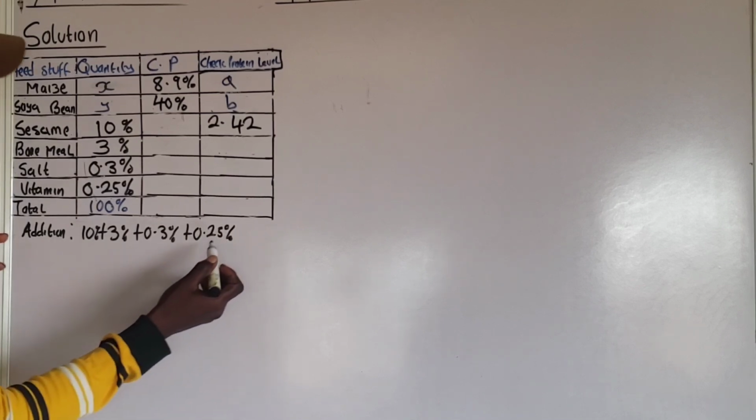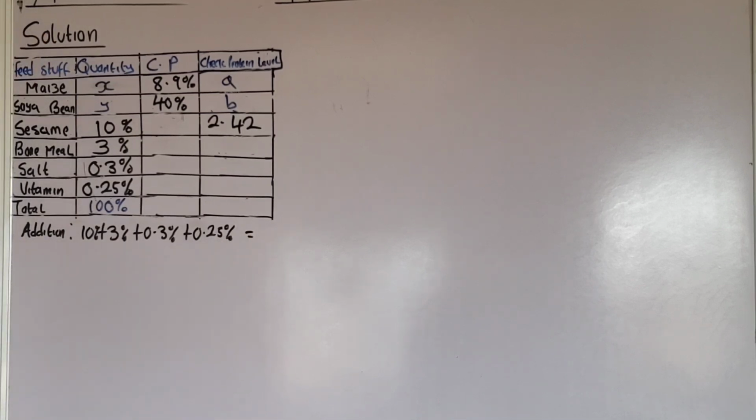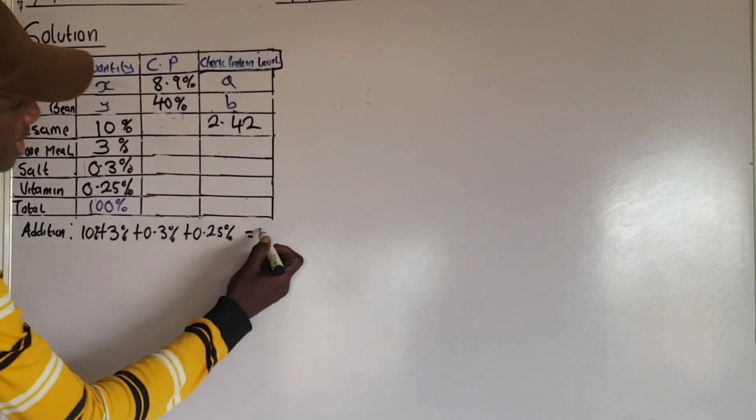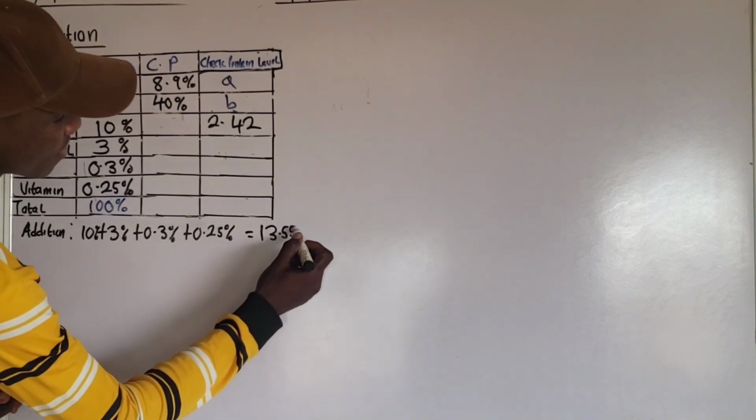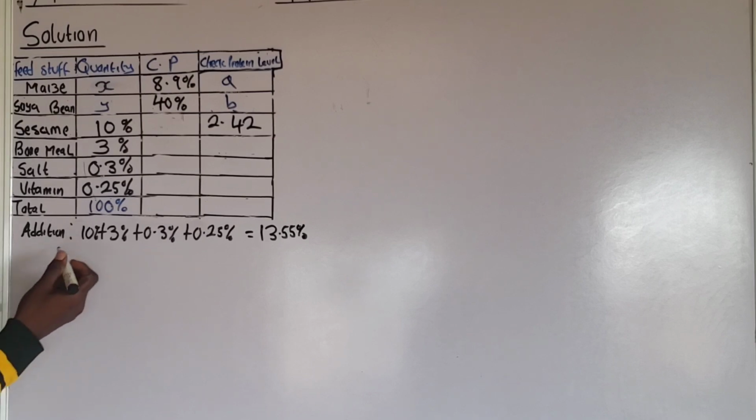If you add all this together, you're going to have 13.55%. So now I've already added all the fixed ingredients.